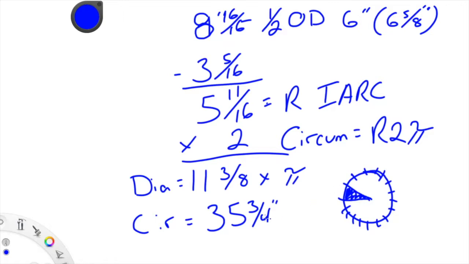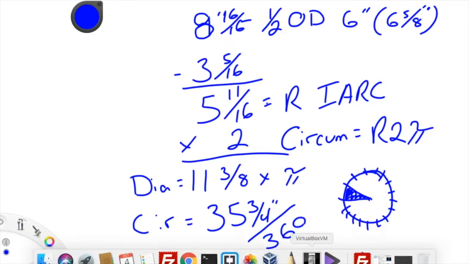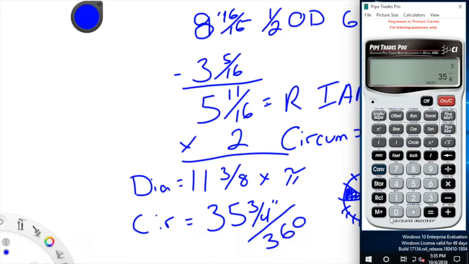Well, we've got 360 degrees in a circle, so we're going to divide that circumference by 360, and that will tell us how many inches there are per degree. That gives us 1/8 of an inch per degree.